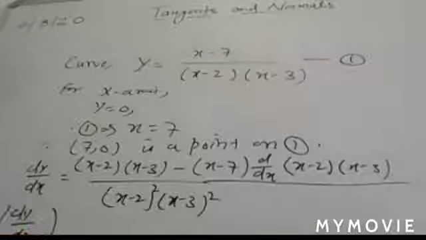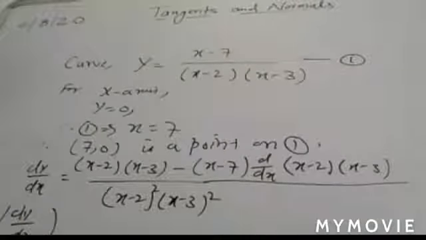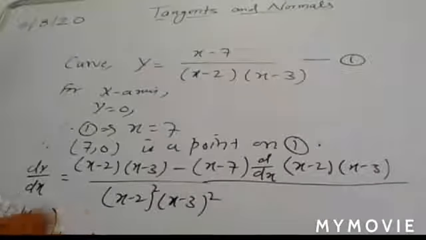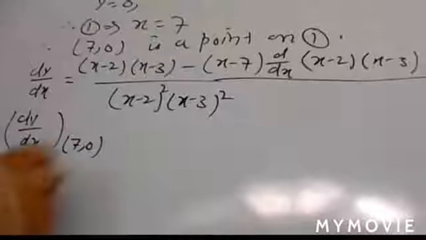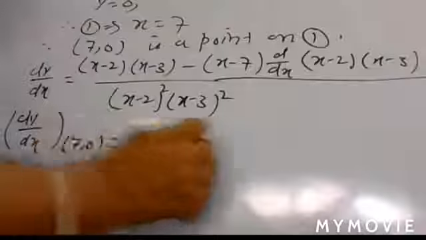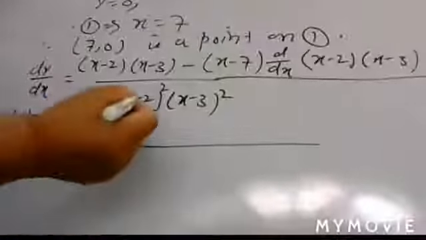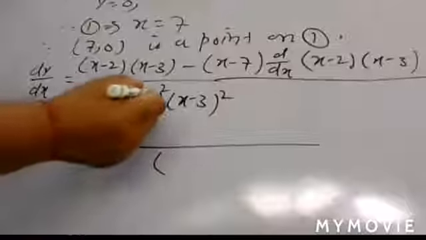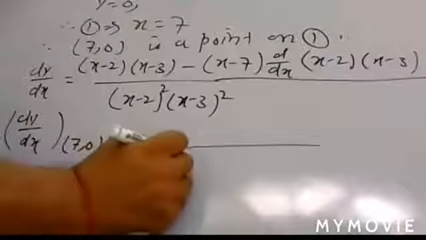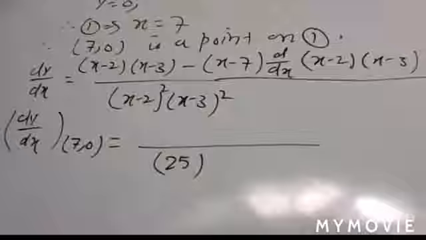So the value of dy/dx at the point (7, 0). In the denominator, you have 7 minus 2, which is 5, and the square of that is 25.